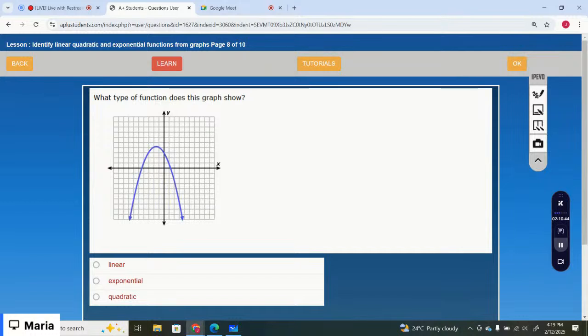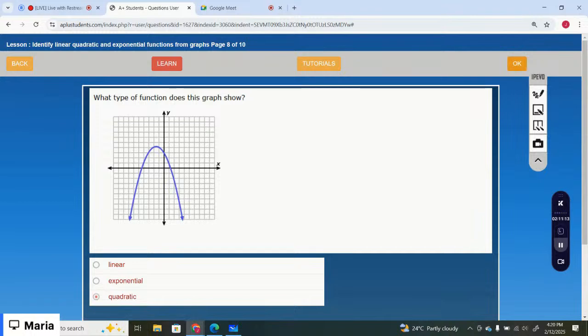What type of function does this graph show? That is the quadratic function.